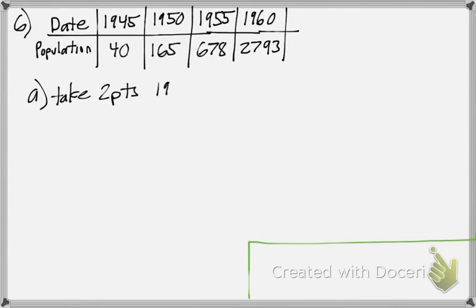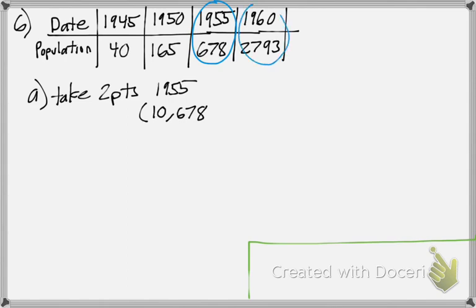Take the 2 points. So for 1955, that point would actually be 10, 678. And that is because this point would be like your x and y, but I put 10 instead of 1955 because everything is in regards to 1945 as the starting point.